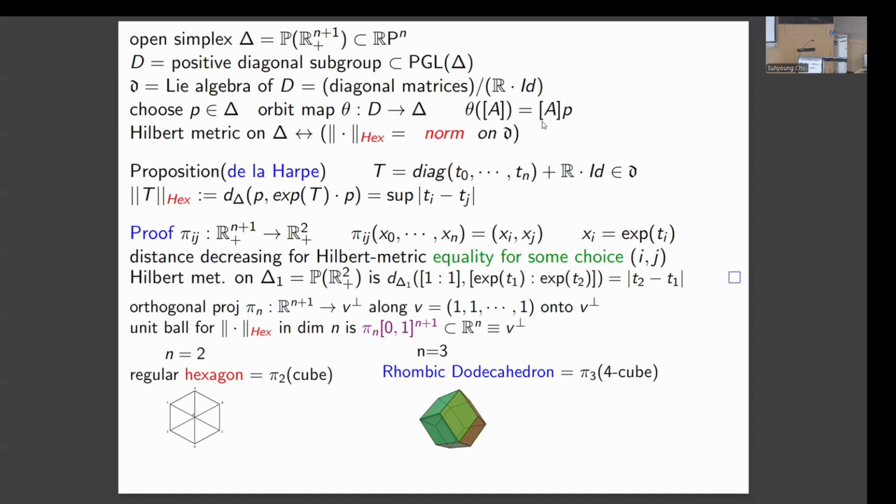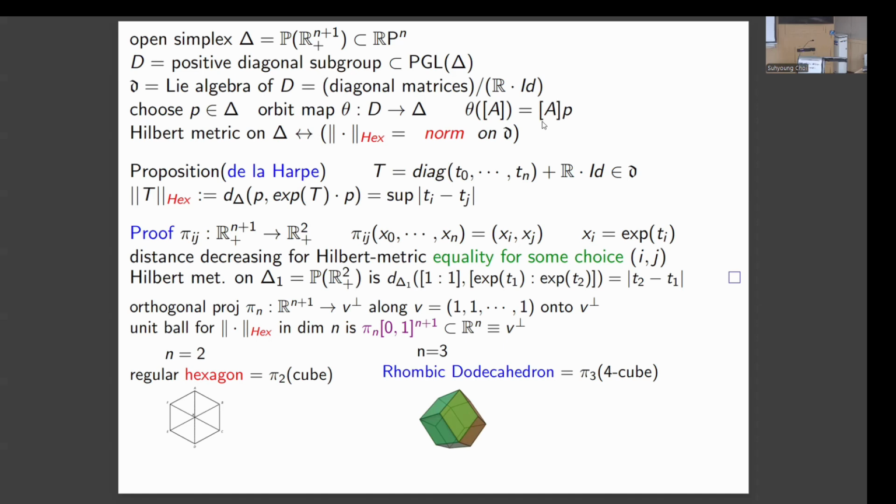So if we take a linear projection of this vector space to the vector space of dimension 2 and restrict to the positive quadrant, that gives a map from the projectivization of this n-simplex to the 1-simplex. And the Hilbert metric in the 1-simplex is given by this formula. And so that's why that's the formula for the Hilbert metric on a simplex.